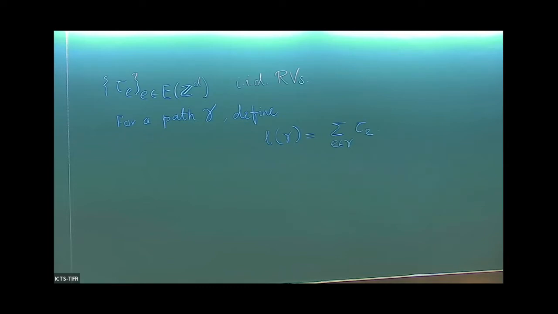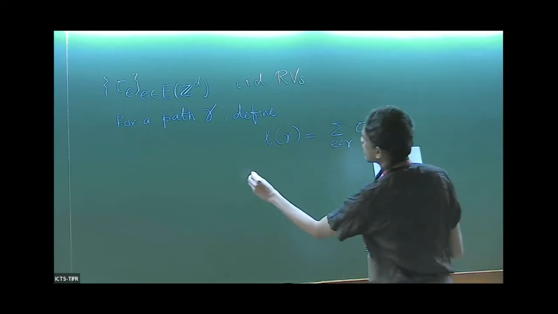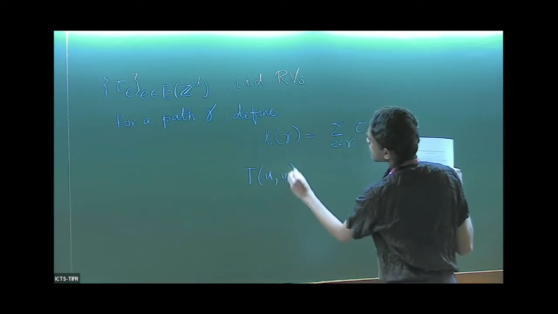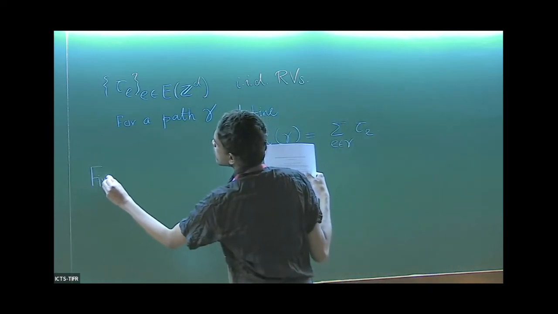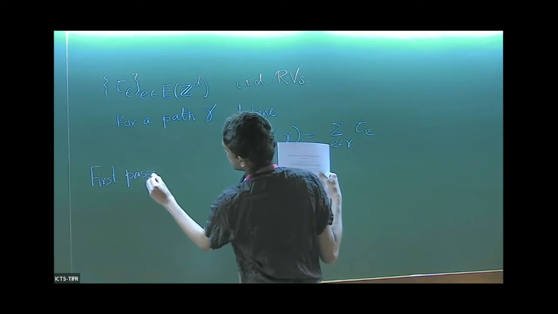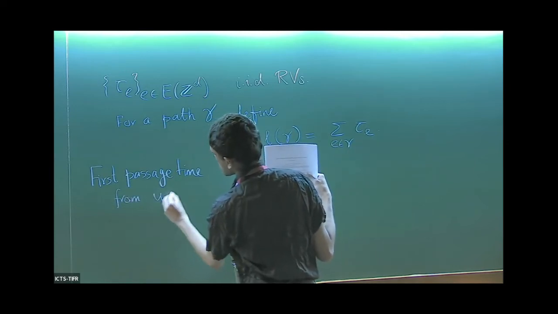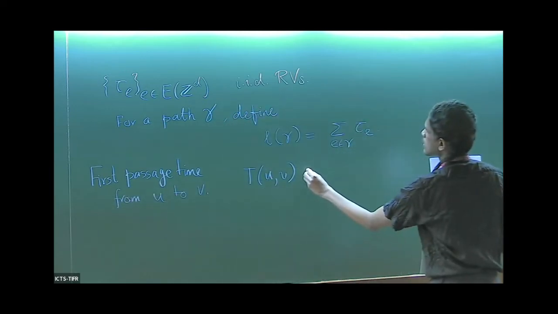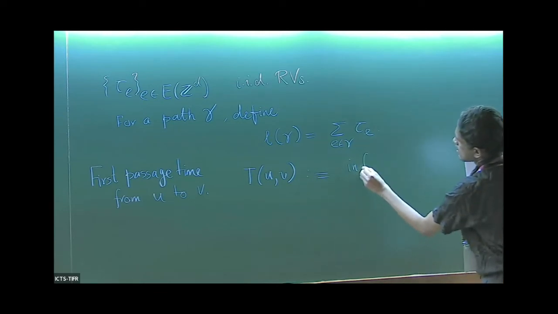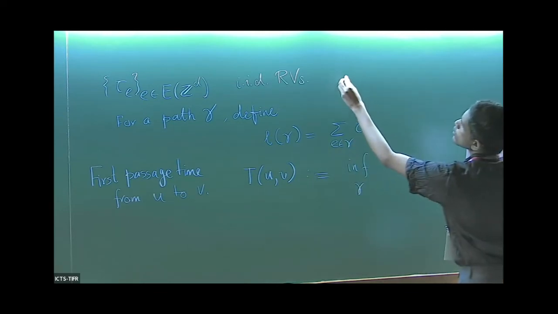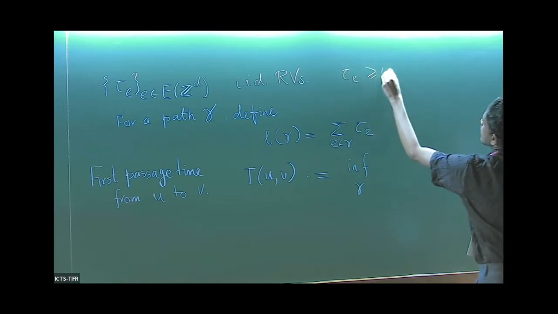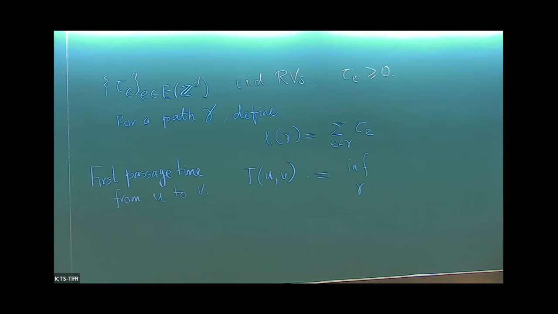So at the start, say I start from the vertex U, which is wet at time 0. I want to know at which time the vertex V becomes wet. This is measured by the following first passage time, the first passage time from U to V. I should also say that the taus are non-negative, because otherwise it does not make much physical sense.